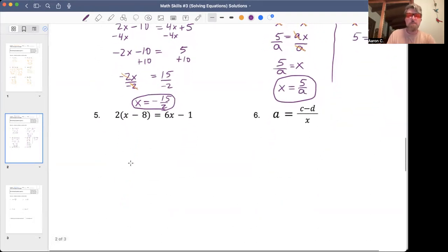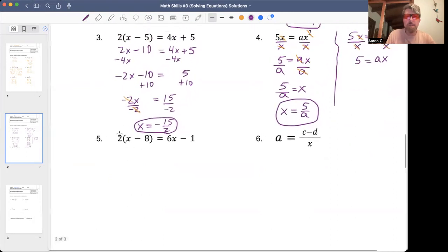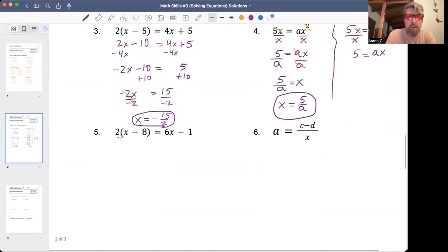All right, next one, we're going to do the similar process to what we just did above. I'm going to leave it like that so you can see it. Let's see. Okay. So we're going to multiply 2 times x, and 2 times negative 8 is negative 16. There we go. And we have our 6x minus 1. Always rewrite everything every time and keep your equal signs lined up.